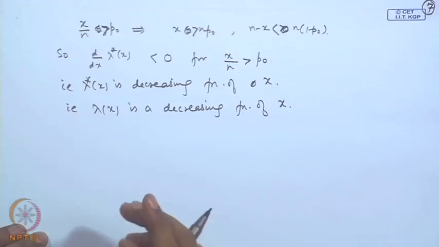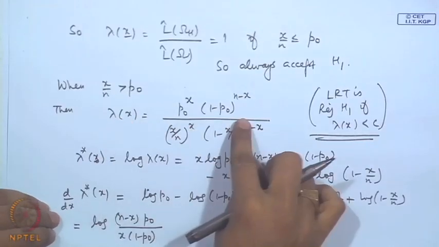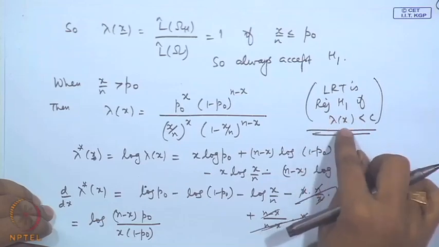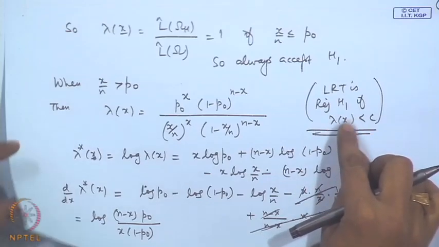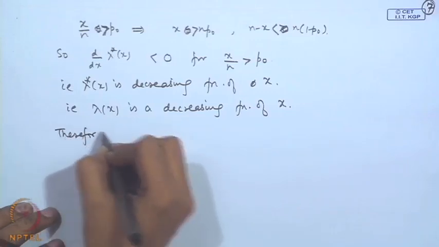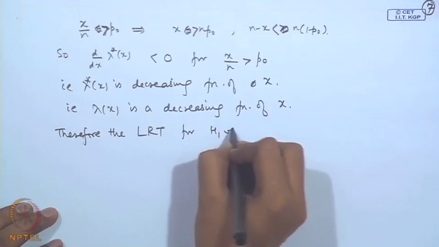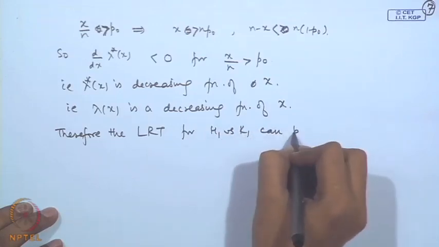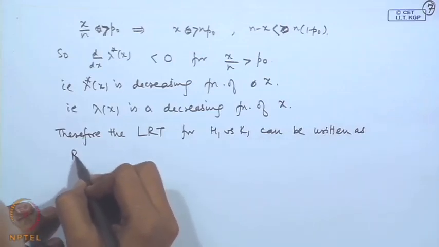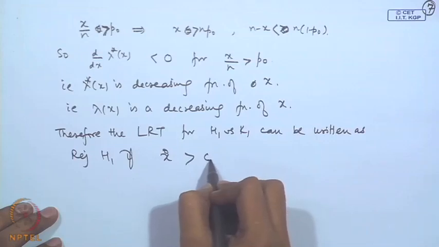So, note here I am considering the likelihood ratio, that is lambda x, the region is lambda x less than c. Now, lambda is turning out to be a decreasing function of x. Therefore, this region is equivalent to, therefore, the likelihood ratio test for H 1 versus K 1 can be written as reject H 1 if x is greater than some C 1.